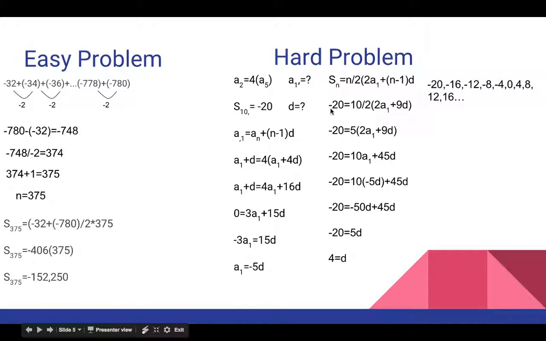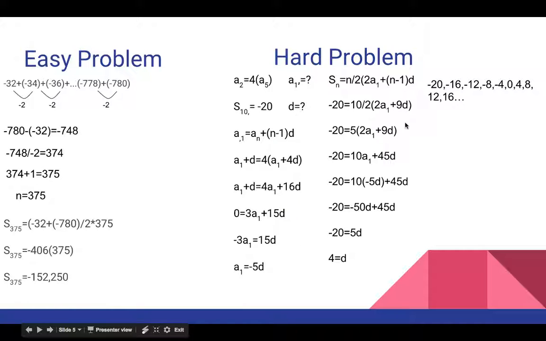We know that S of 10 is equal to negative 20, so we plug in negative 20 is equal to, with N equal to 10, 10 divided by 2 times 2A1 plus 9D, because once we do 10, we subtract 1 and get 9.